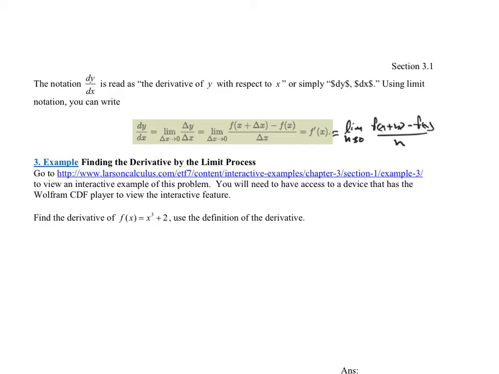All right, so again, throughout this book, you're going to see these links right here to interactive examples. You can download the Wolfram CDF player onto your computer for free. I believe it's also downloadable on iPads and iPhones. You can download a file, open it using the Wolfram CDF player, and it gives you an interactive version of this problem, so you can see what's going on.